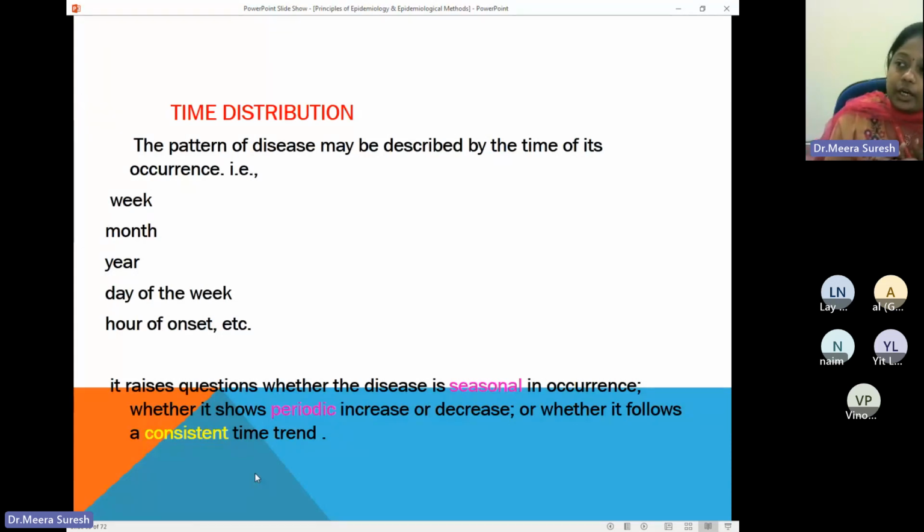Because when you learn, you connect it with the various diseases that you learn. Sometimes we can say that certain diseases are more commonly seen in specific seasons, like allergic rhinitis, usually seen in the spring season.